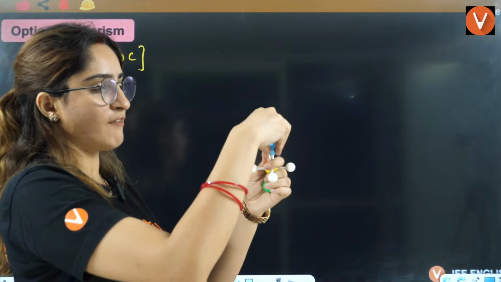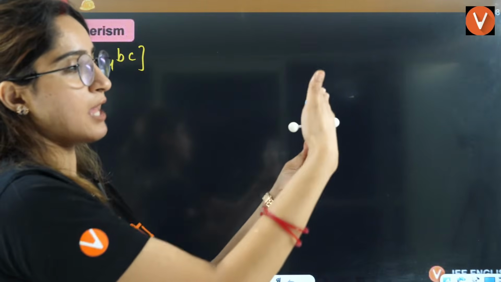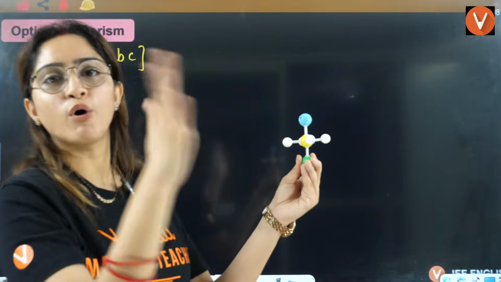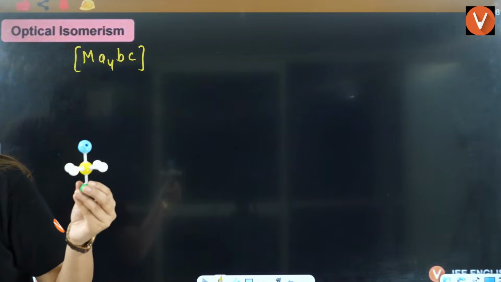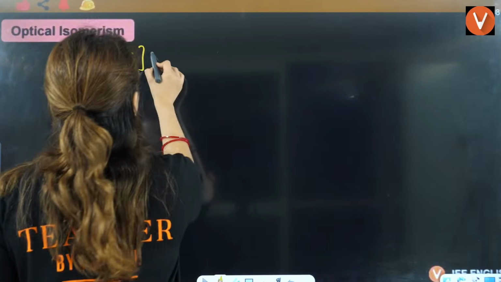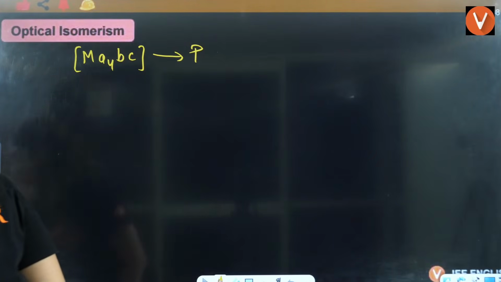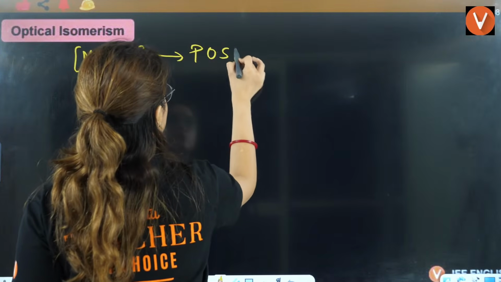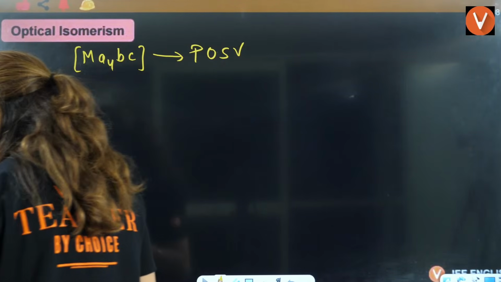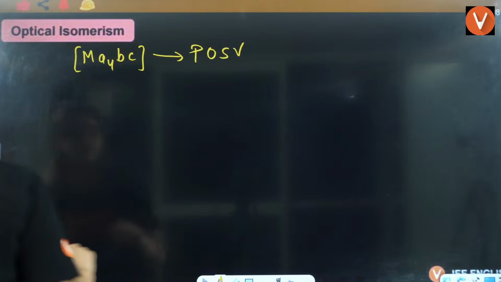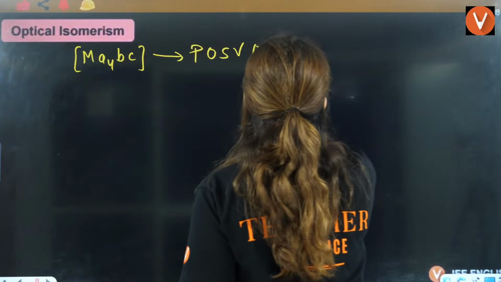Both possibilities will be cut into equal halves. So POS is always present, whether it's cis or trans, and optical isomerism does not exist.